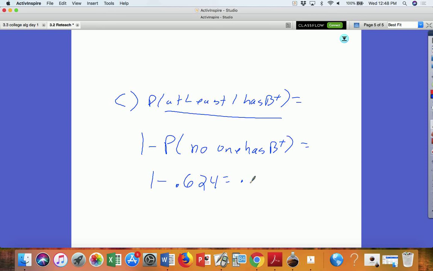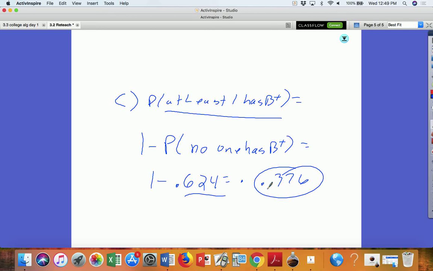Then the chances of the first, or the second, or the third, or 2 or 3 or 4 or all 5 having it would be the complement of that. So 0.376. That one's a tough one because you've got to think about at least one. The opposite of that is nobody.